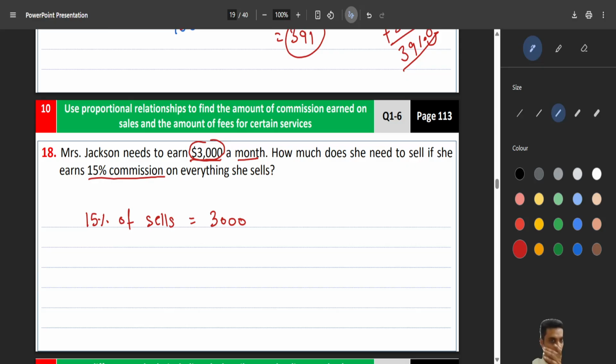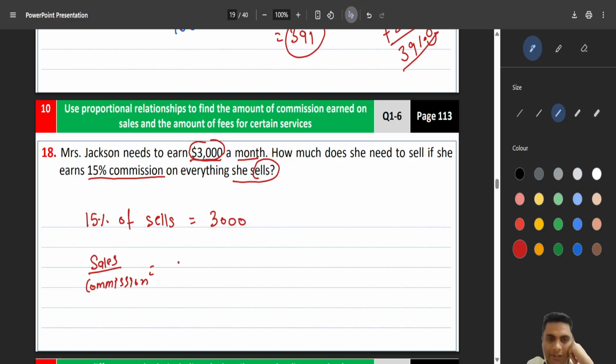Now see, remember one thing, this is a rule I'm telling you. Whatever you are finding, try to keep it up in the ratio. Here we want to find how much she sold, right? So keep the sales up. Whatever you are finding, keep it up, and then commission is given, keep the commission down.